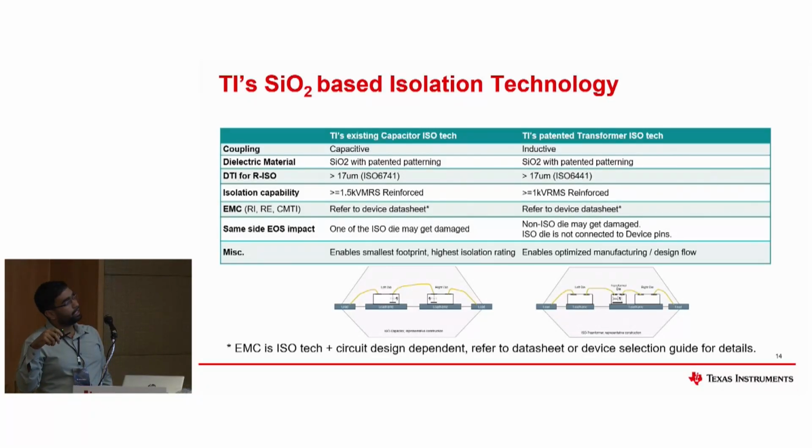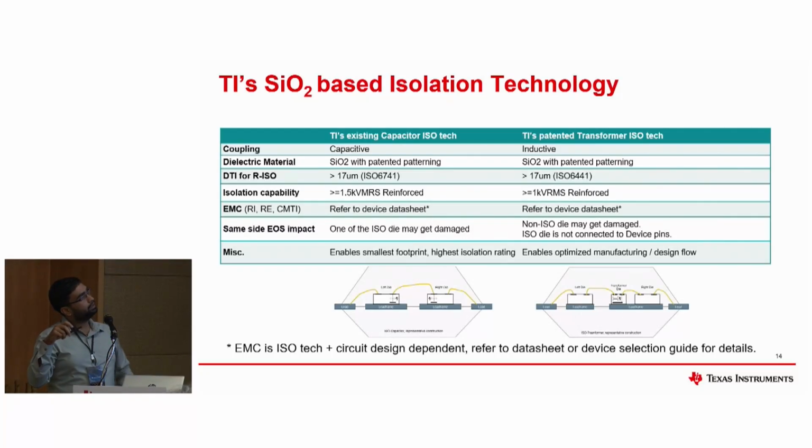Since TI heavily invested in the capacitor isolation tech from the early 2000s, we have matured this technology, and today we have 1.5 kV RMS, which is your working voltage. Almost all the isolators that we have today have this rating of reinforced isolation, and 1 kV is the minimum needed for reinforced.